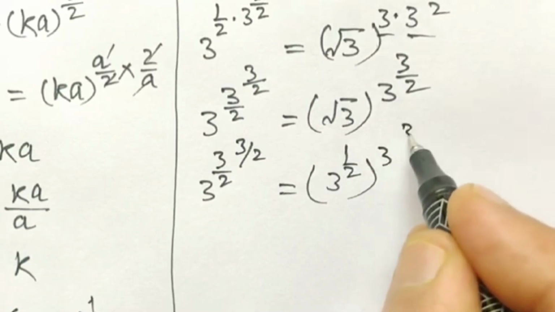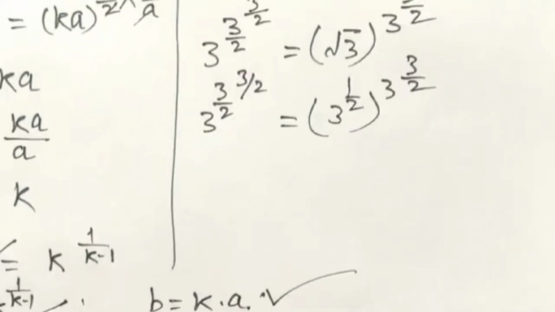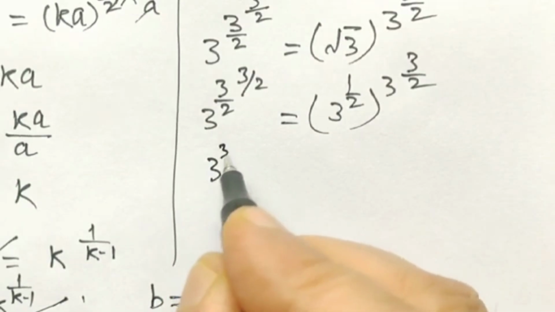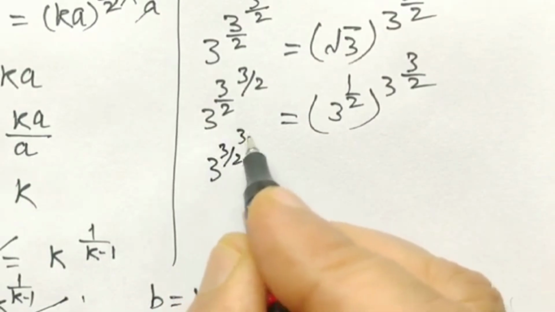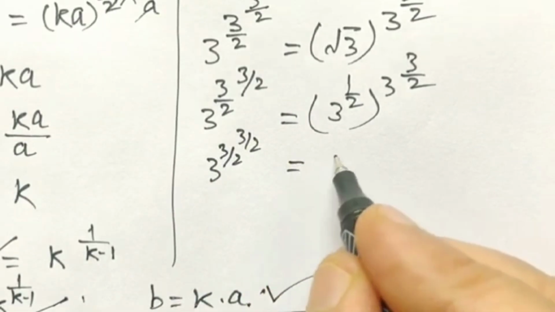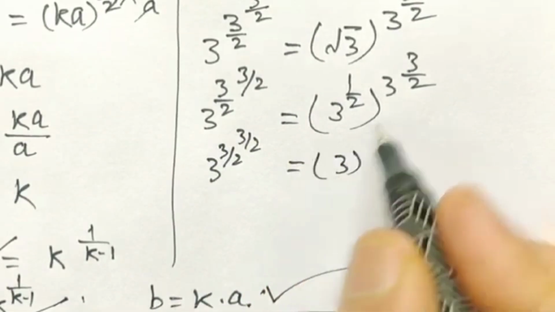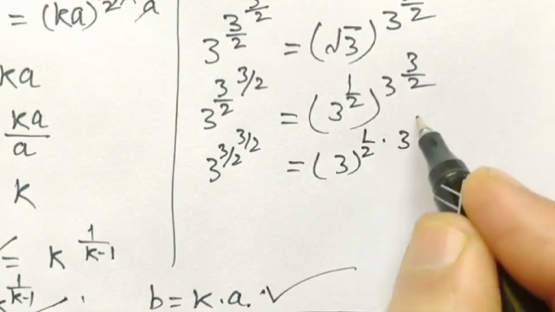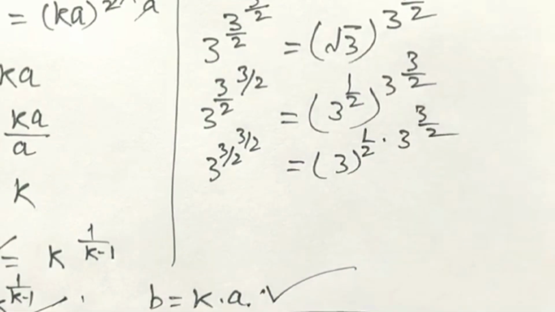So 3 to the power 3 by 2 to the power 3 by 2 is equal to 3 to the power half into 3 to the power 3 by 2.